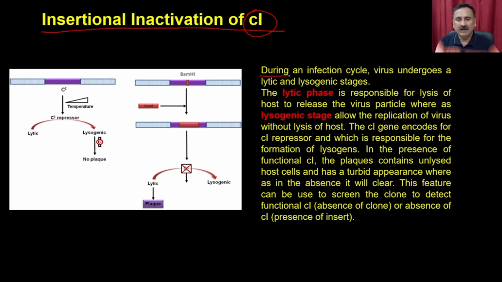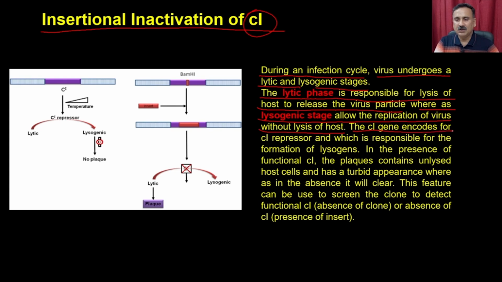During an infection cycle, the virus undergoes lytic and lysogenic stages, and the CI repressor functions as the shuttling protein. The lytic phase is responsible for the lysis of the host to release the virus particles, whereas the lysogenic phase allows the replication of the virus without lysis.